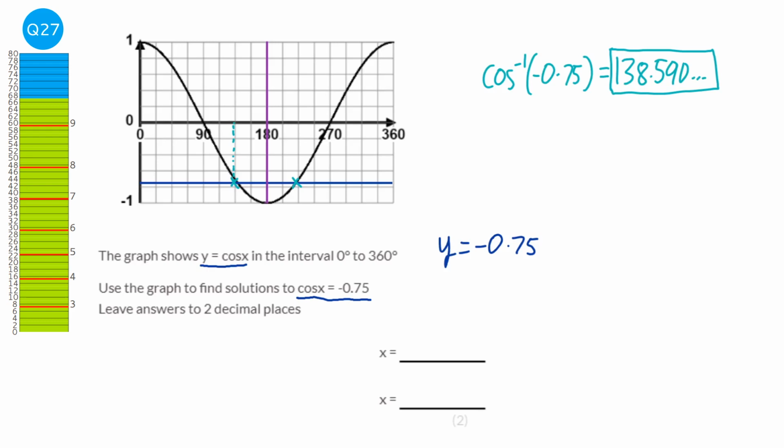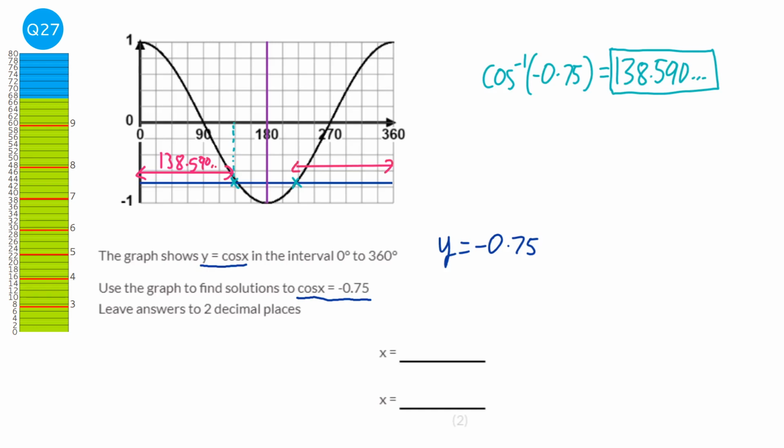So if the distance between the start and here is 138.590, blah, blah, blah, then that distance must be the same distance as here.